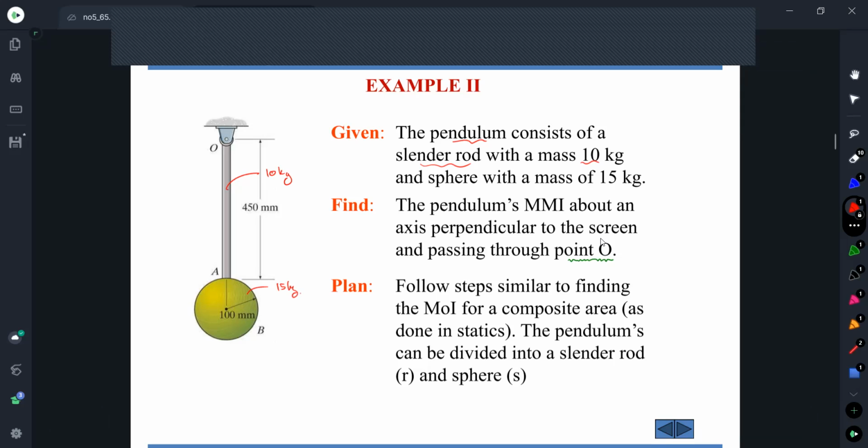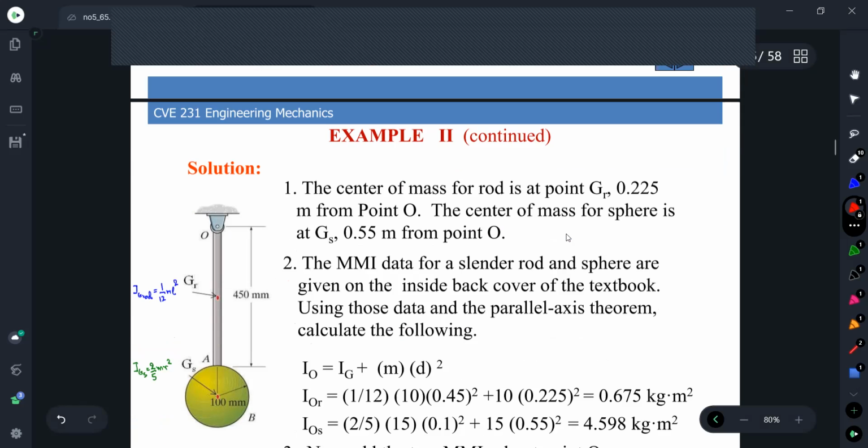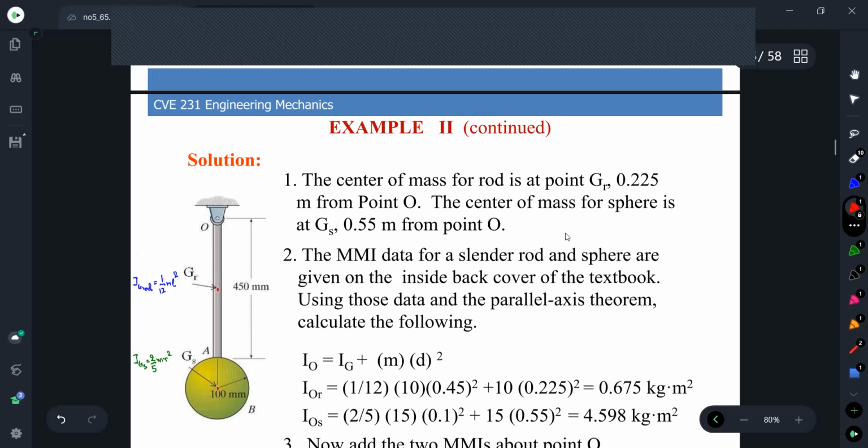We would like to find the pendulum's mass moment of inertia about an axis perpendicular to the screen and passing through point O. We will apply the parallel axis theorem to these two bodies.